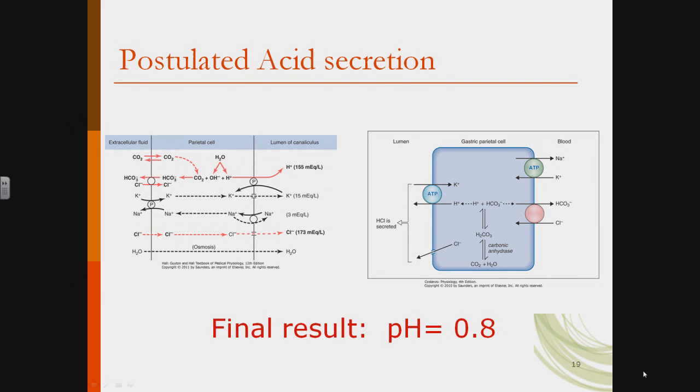Well, the cells of the stomach, the parietal cells specifically, have unique gene expression. They express the gene that codes for an enzyme called carbonic anhydrase. And this is going to be something really important for Unit 4 for proper renal function. So you might want to just hear this just to get it started right now.